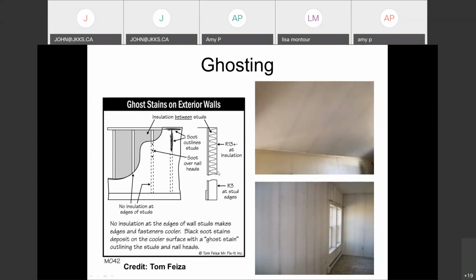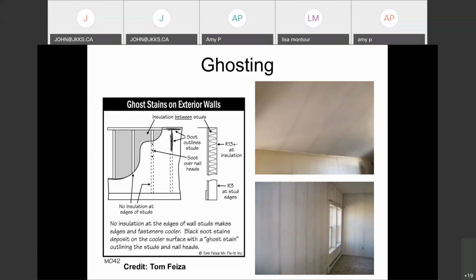Souped-up insulation as sheathing on the outside, more insulation in the wall, and no problems like this happening. So it goes back to the design and construction, and maybe how the houses are actually being built.